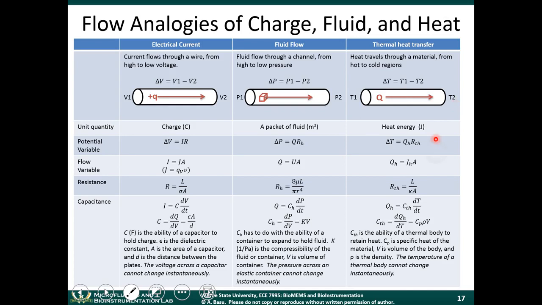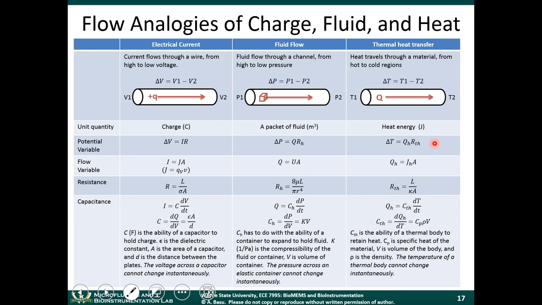We have this relation that looks very much like Ohm's law, or very much like the fluid flow equation. Delta T is equal to Q_H times R_TH. Q_H in this case is given in watts, joules per second.